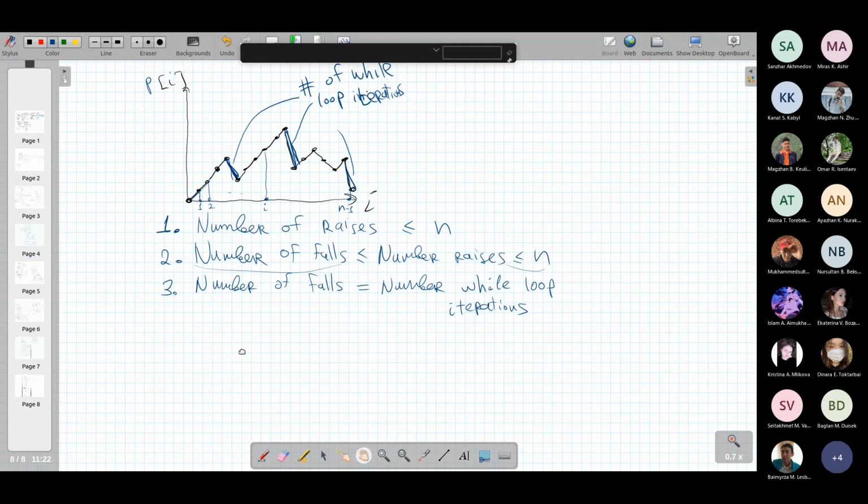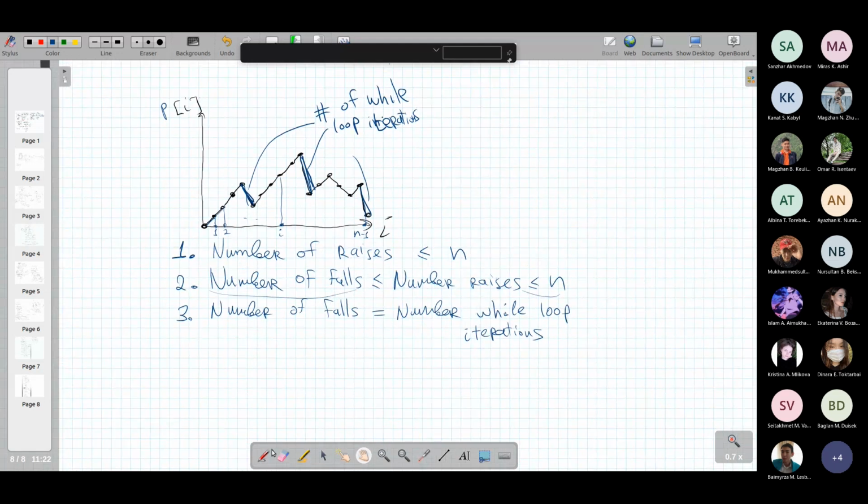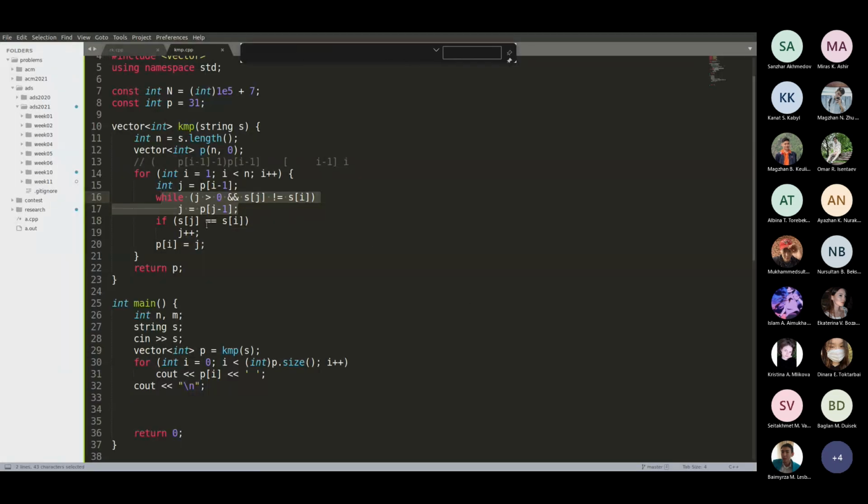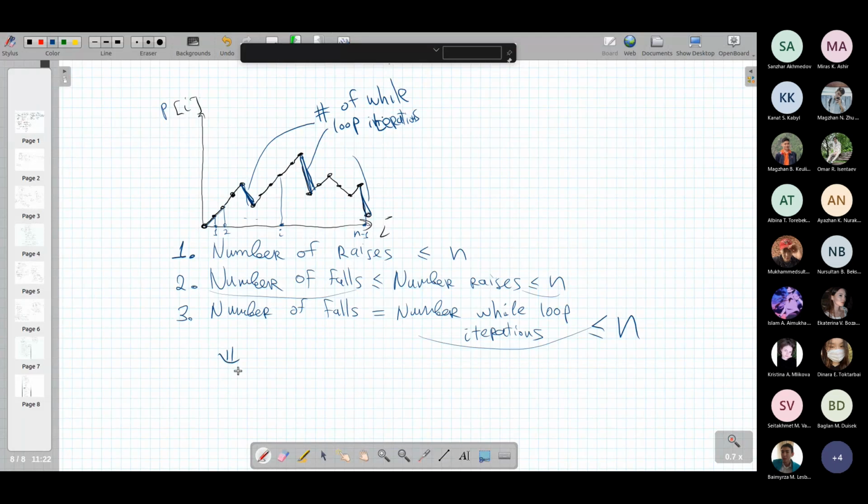That means the number of falls, so the number of loop iterations, is not more than n. So this while loop in total will not do that much work. It will do at most n operations in total, linear time. Therefore, the time complexity is big O of n.